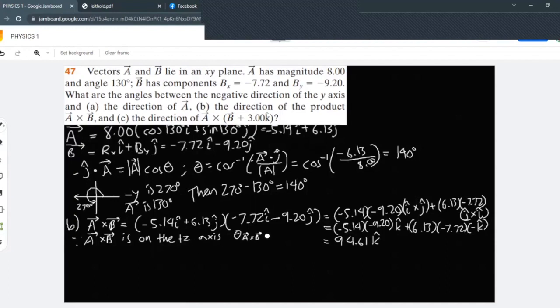Now, look at the result. It's 94.6. Let's check: 5.14 times 9.20 plus 6.13 times 7.72 gives 94.6K. It's positive, multiplied by K hat. So the direction of A cross B is in the positive K direction.